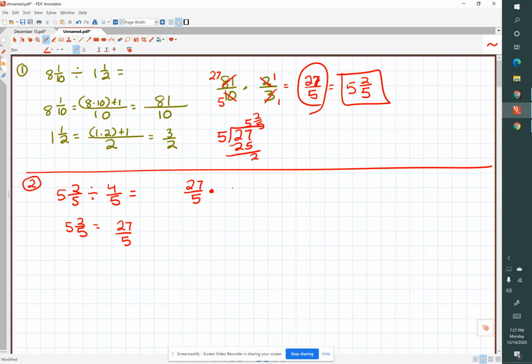Change the division to multiplication, multiply by the reciprocal. 27 and 4 we cannot simplify, but 5 and 5 become 1, which gives us 27 over 4. Let's convert that back to a mixed number. 6 times 4 is 24. So that would be 6 3/4.